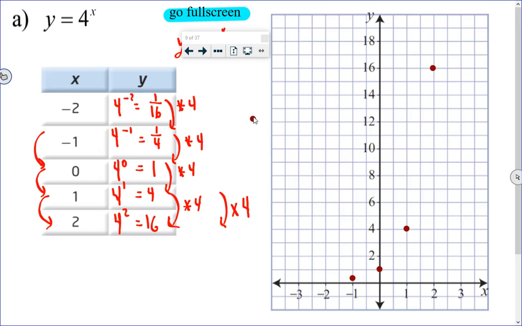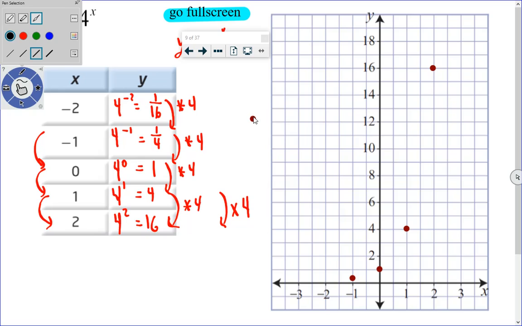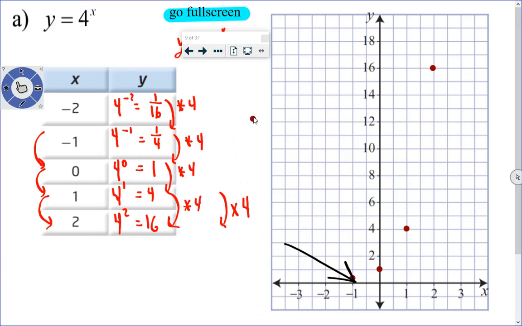If I were to continue to go backwards and divide by 4 each time, actually, I will indicate it with an arrow. If I were to go back another 1, it would be at 1/16.